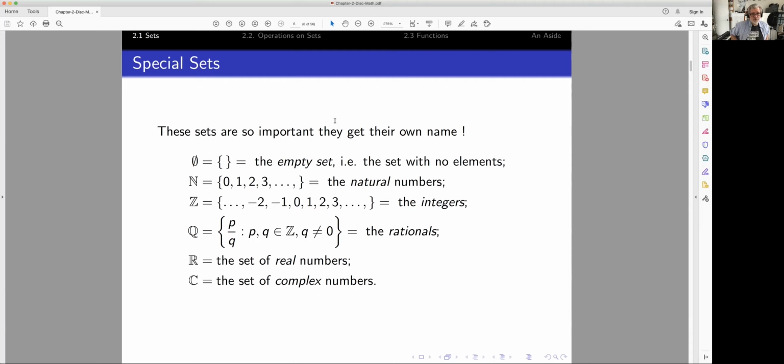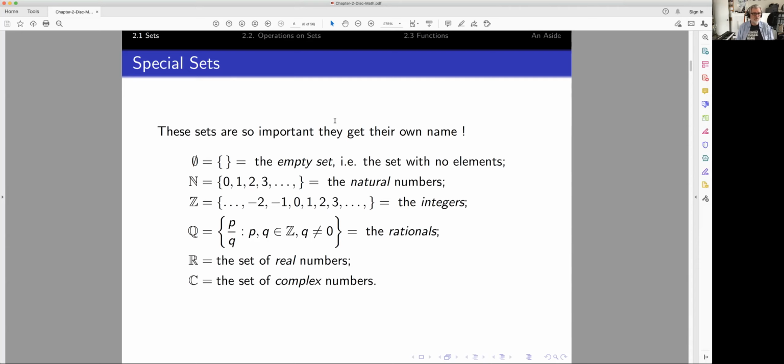The natural numbers, these are the positive integers together with zero. The standard name is N for natural numbers. The integers you've seen before, obviously. Z. If you've been wondering why it's called Z, if you speak German, you don't wonder. It's totally natural because in German, number is Zahl, which is written with a Z, Z-A-H-L.